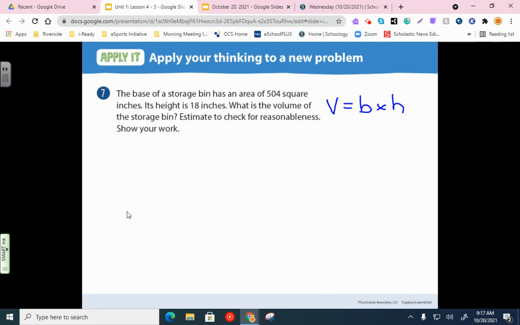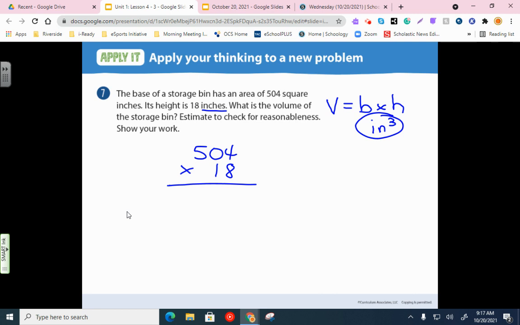So our answer will be in cubic inches. We've got inches here, but they're going to be in cubic inches. Sometimes it's good to write a little reminder so your final answer is correct. We set it up the same way, so we've got 504 times 18.